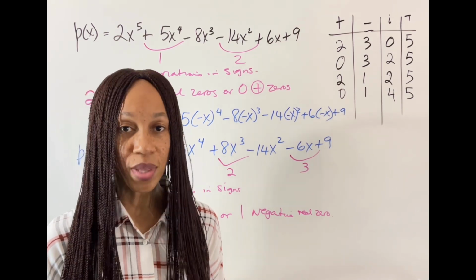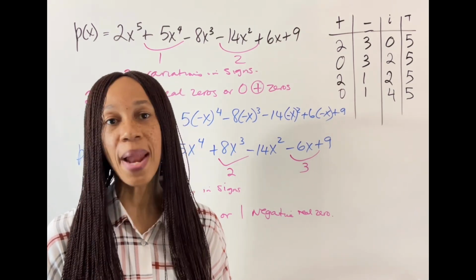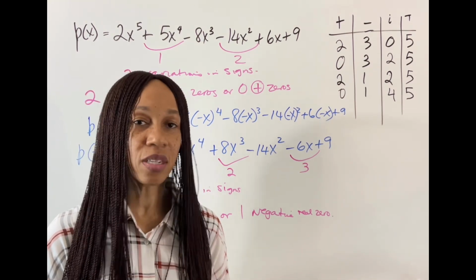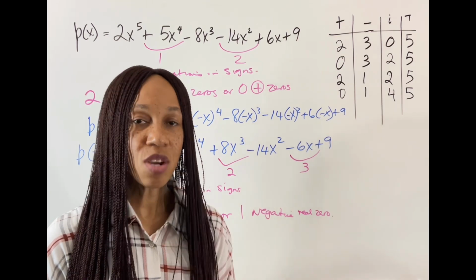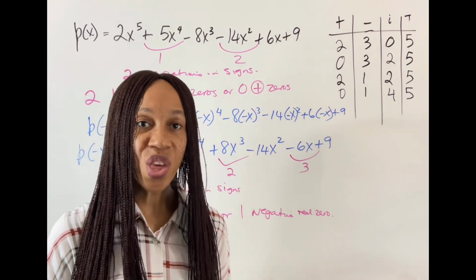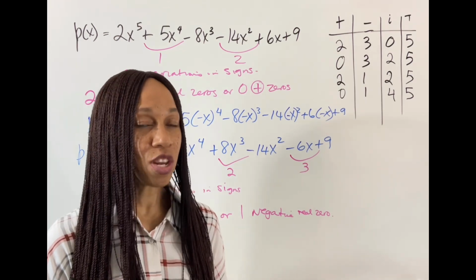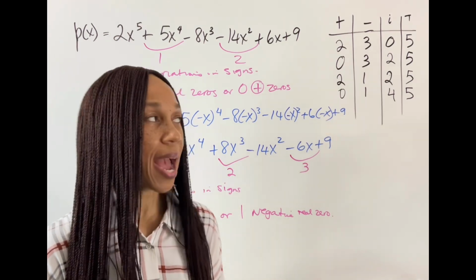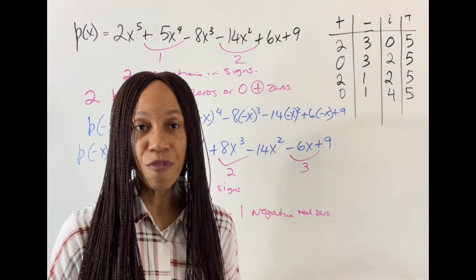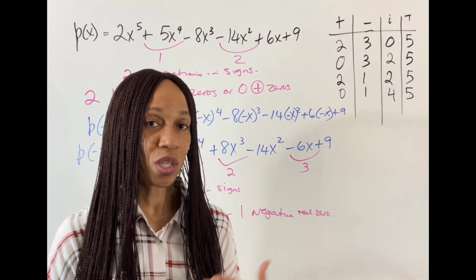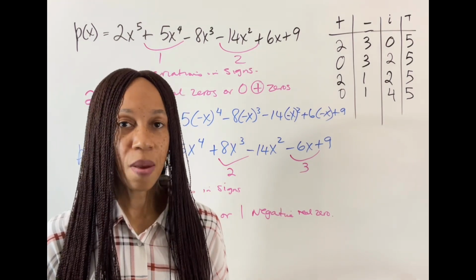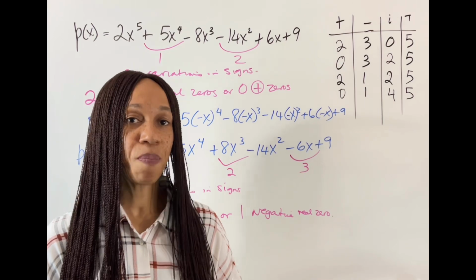And in order to do that, you would go back, you apply the rational zero theorem, where you list the possible rational zeros, and then you can test them using the synthetic division method. And then after doing that, further factor out and determine your zeros. I'm going to do a video on that, so look forward to seeing an upcoming video on how to find all the zeros of a given polynomial.